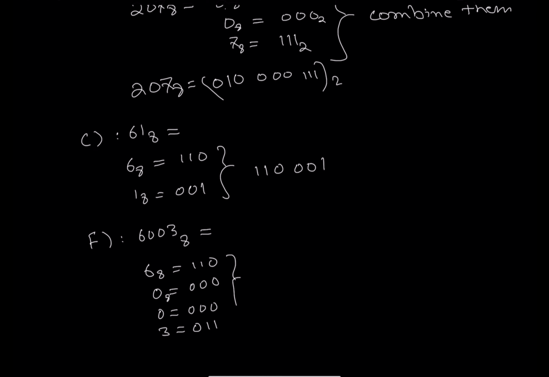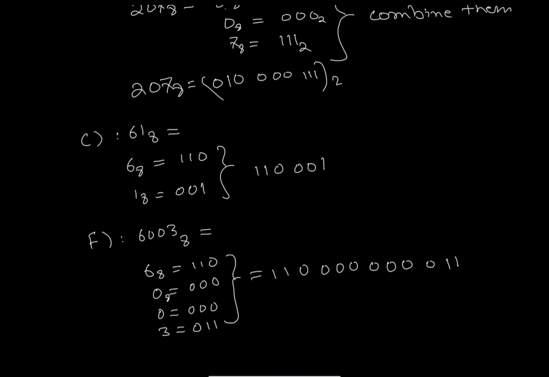Now you combine these numbers, starting from the first digit, it will be 110000, then 000011.